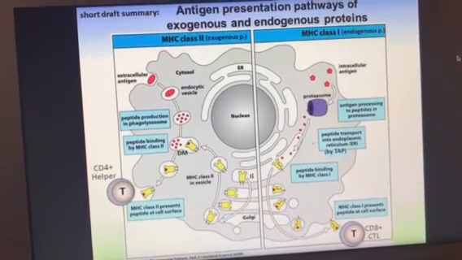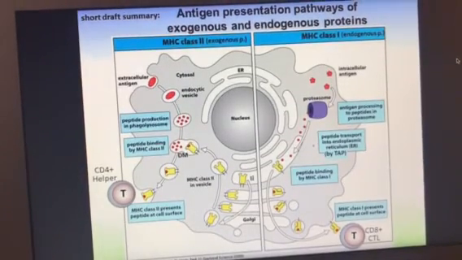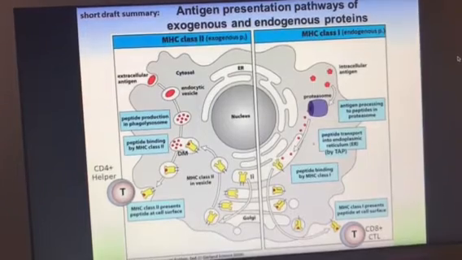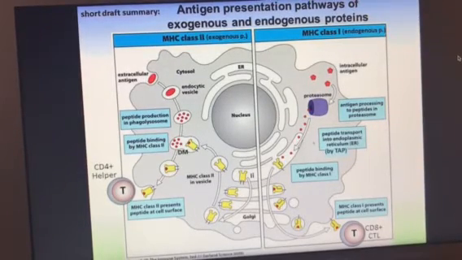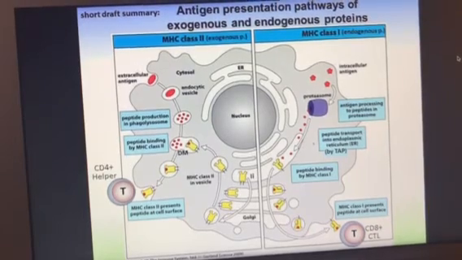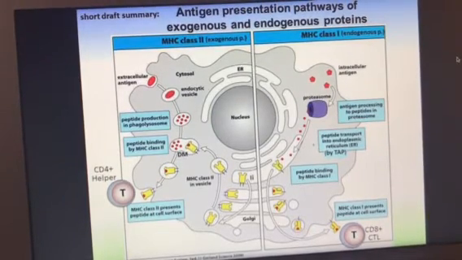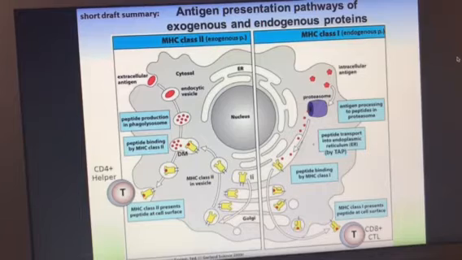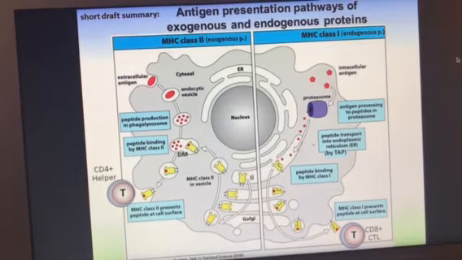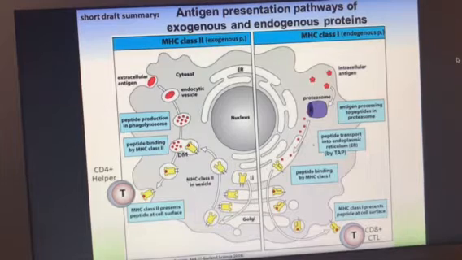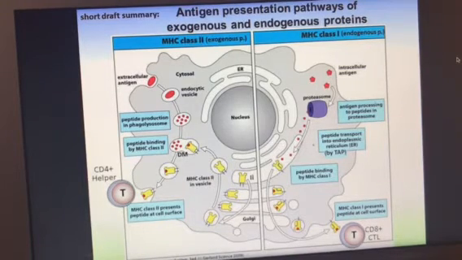So, just a quick summary of the main differences of endogenous and exogenous antigens. We know that exogenous antigens are foreign agents, and they enter from the outside of the body.